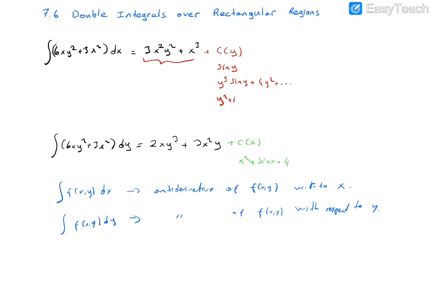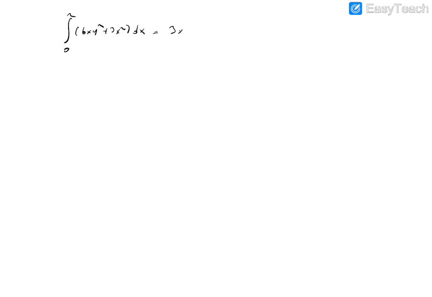The c of y is not important because the c of y terms will cancel. So this is 3x squared y squared plus x cubed, with x changing from 0 to 2. So the answer is a function of y. You will find 3 times 2 squared y squared plus 2 cubed, minus, for x equals 0, 0. So 12y squared plus 8 is the answer.